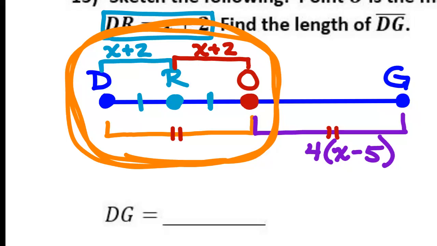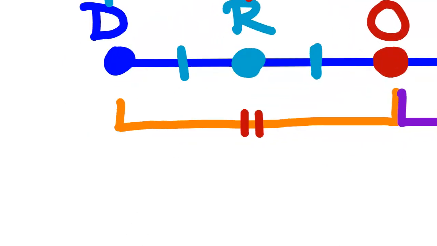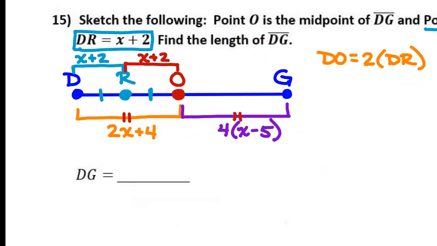What happens when I combine those? When I combine those two small segments, x plus 2 and x plus 2 together, we get DO, but what do we get as our expression? What happens with my x's? 2x plus 4, yes. 2x plus 4.